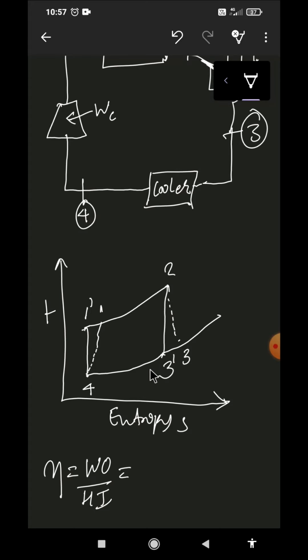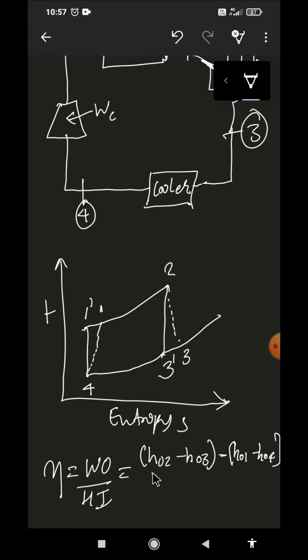So we write h02 minus h03. This is the work output, from which we subtract the work input. We give input in the compressor, the 4 to 1 process, so we subtract h01 minus h04.